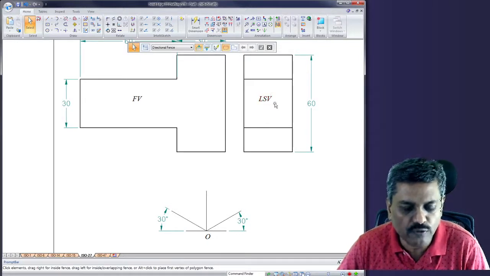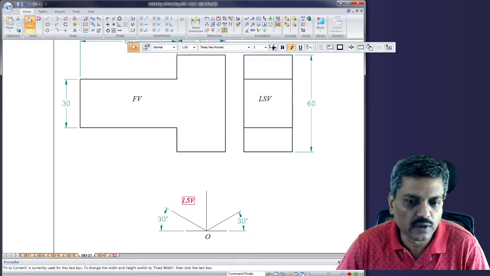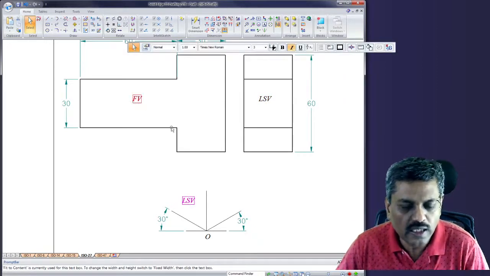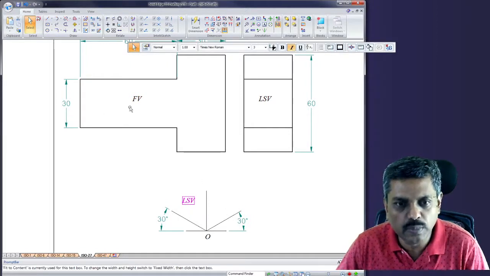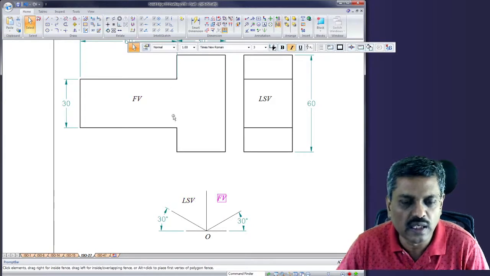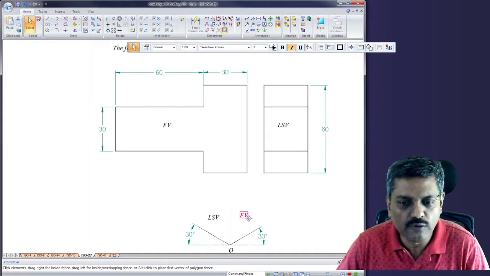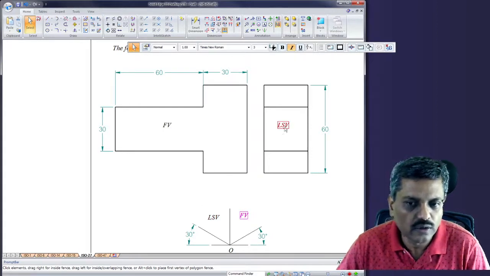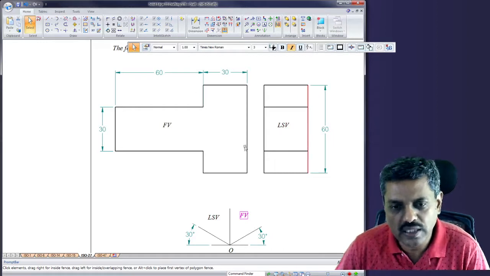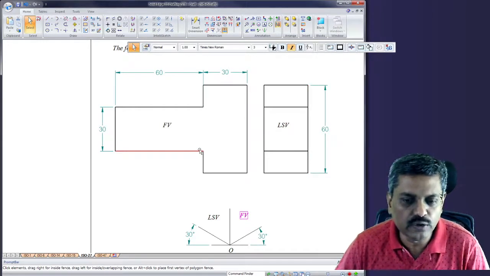So here it is left side view. Whenever you say left side view, you have to keep it on left plane. So that means it should be here. And what is the remaining? Remaining is right plane, and that is where the front view goes. That means this big T-shape portion will go over here on the right plane, and the left plane it should be here.